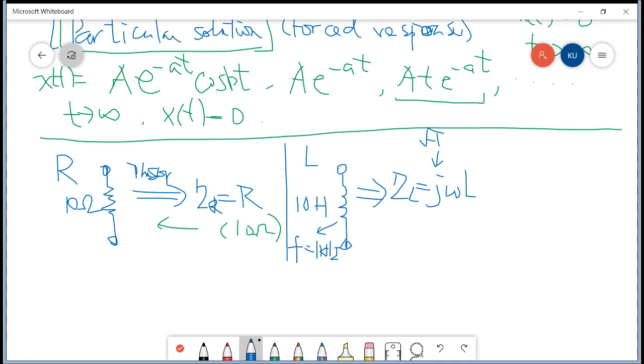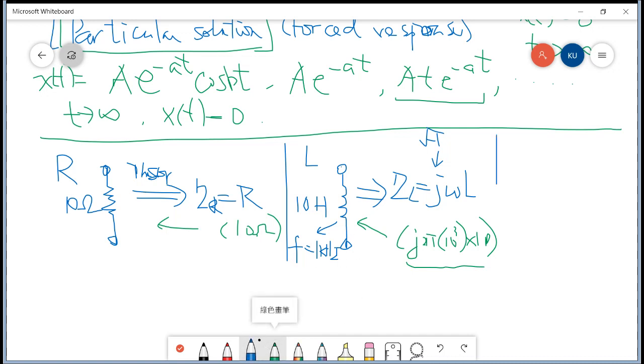So in this case, it will be j 2 pi, 1k is 10 to the third power, times 10, which is the inductance. So this is the phasor, or the impedance, for an inductor. If the frequency of the source is different, then the impedance also changes with respect to the operating frequency.